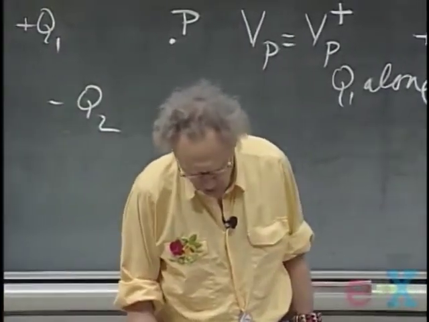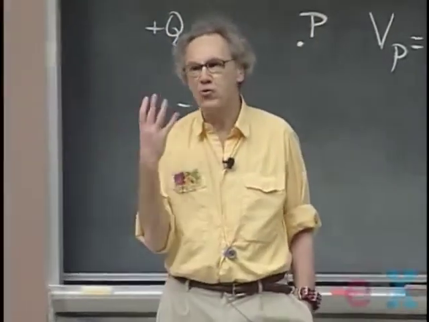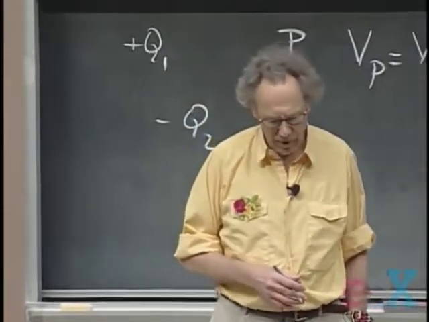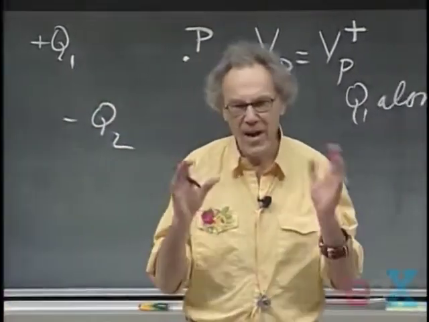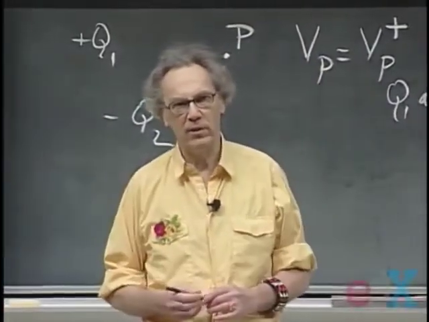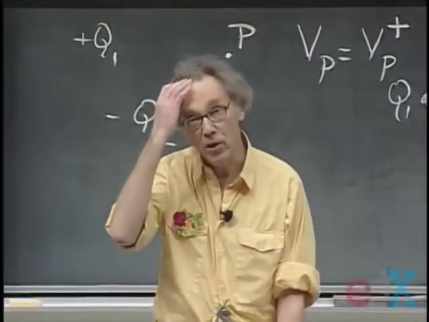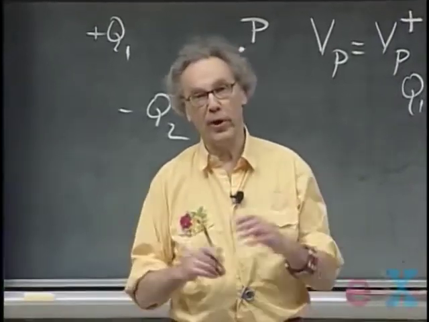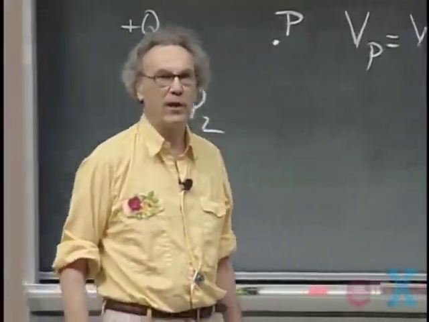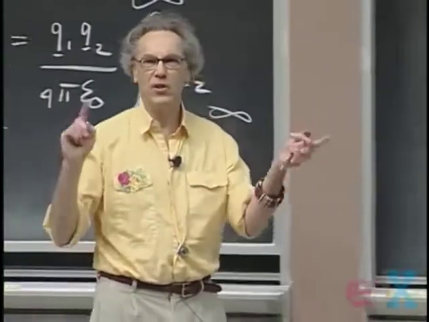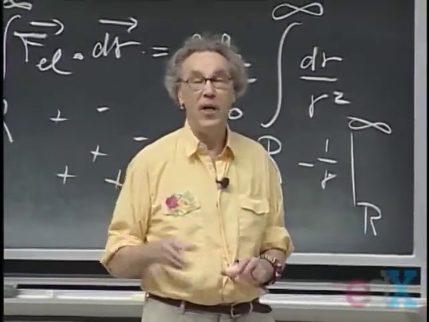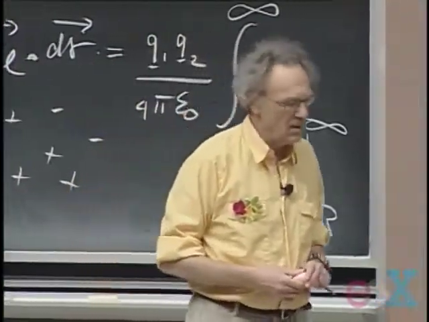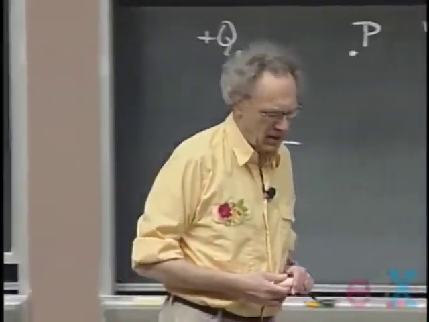But there are examples where the electric fields are so incredibly complicated that it is easier to work with equipotentials. Because the change in kinetic energy, as I will discuss now, really depends only on the change in the potential when you go from one point to another. So you will see very shortly that sometimes, if you're only interested in change of kinetic energy and not necessarily interested in the details of the trajectory, then equipotentials come in very handy.